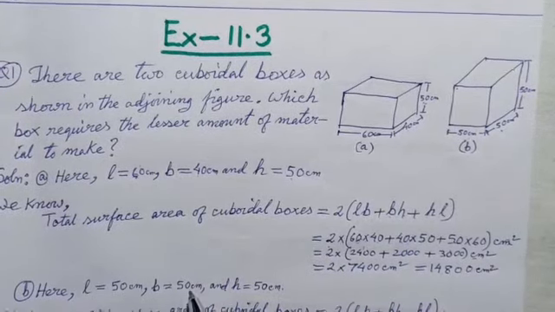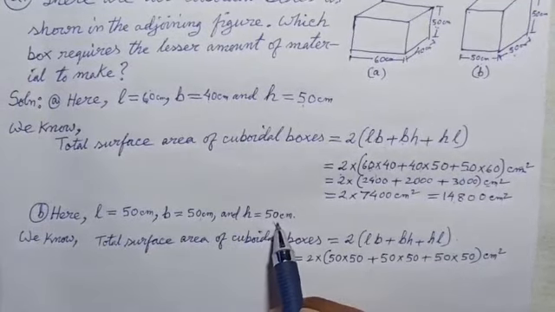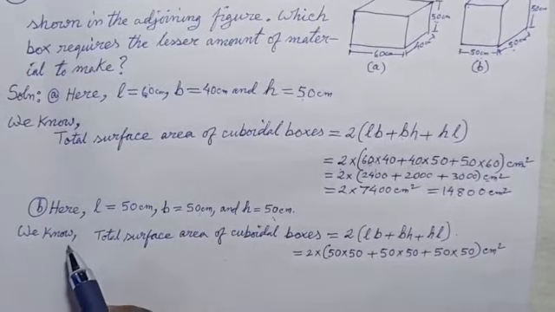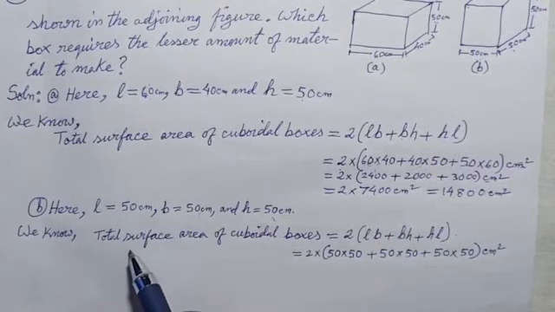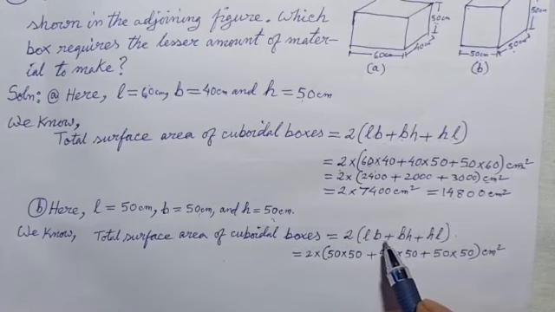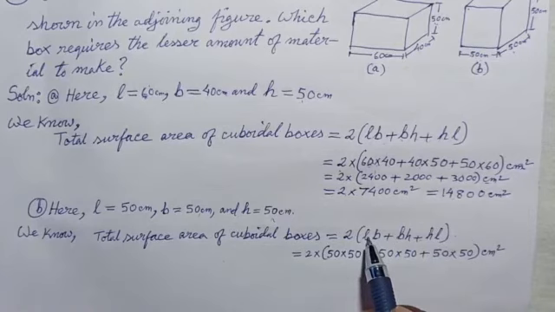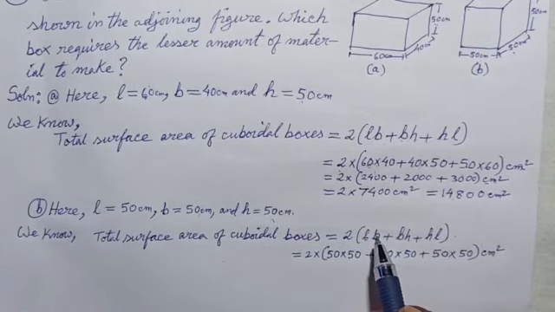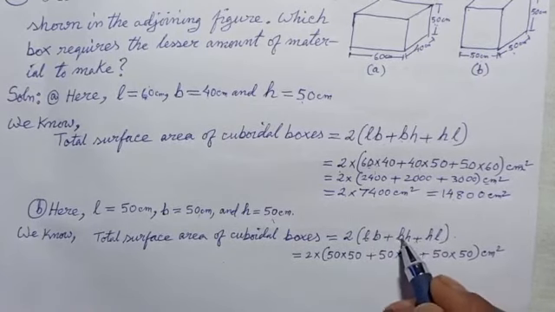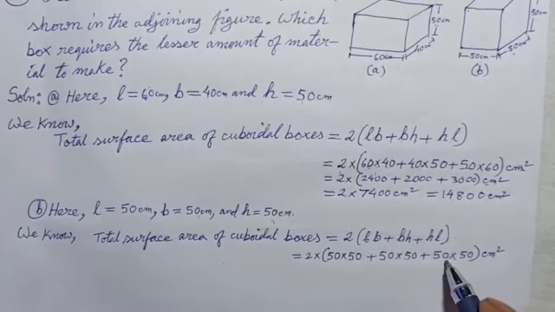Now the formula to find the total surface area of a cuboidal box is 2 times of length into breadth plus breadth into height plus height into length. So 2 times of, length is 50, breadth is 50, height is 50, so 50 into 50, breadth into height is also 50 into 50 plus height into length, that also 50 into 50, and the unit is centimeter square.